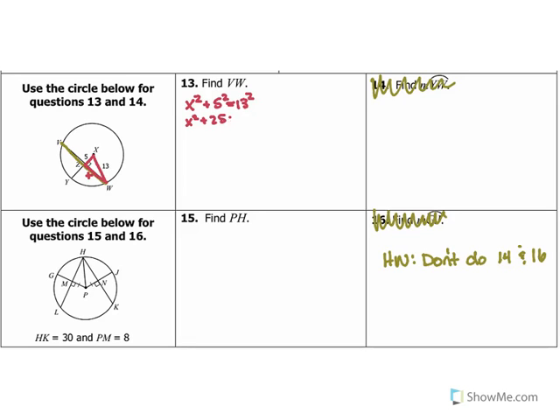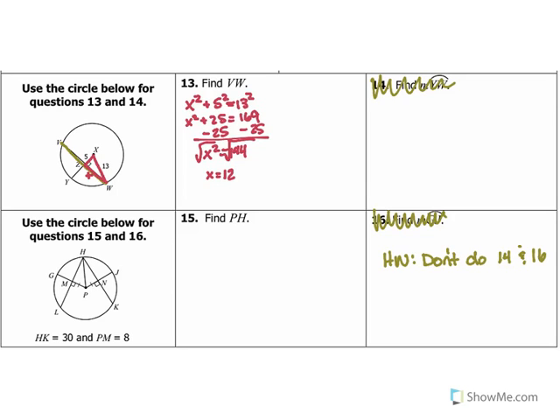So x squared plus 25 equals 169. If we subtract 25 from both sides, we get x squared equals 144. Take the square root of both of those and we get x equals 12.